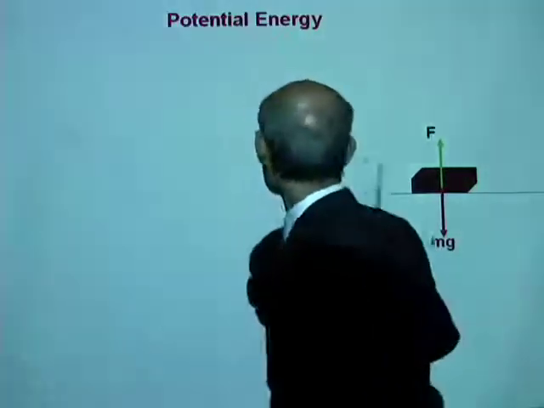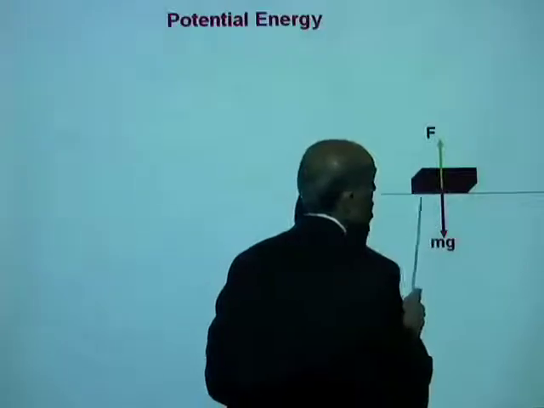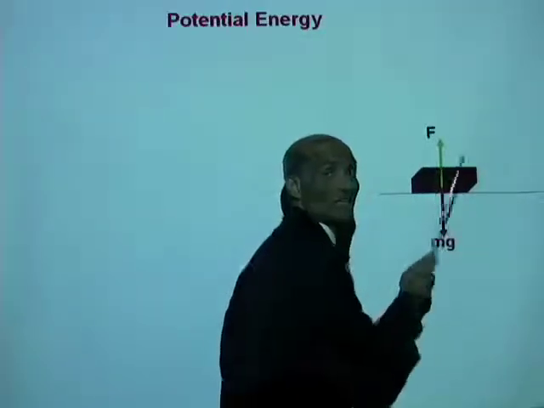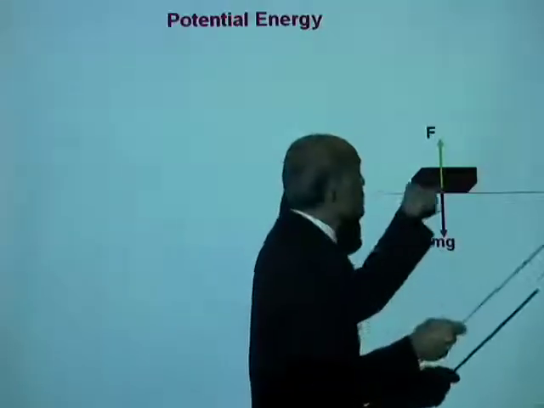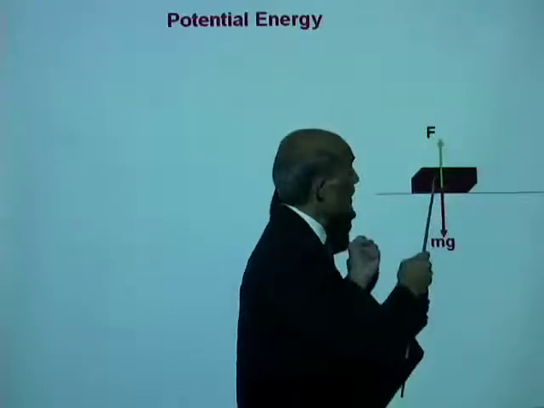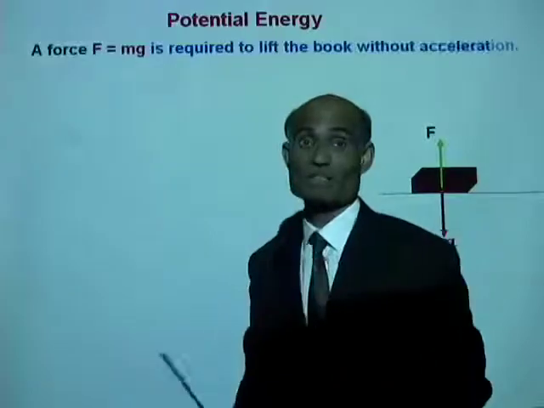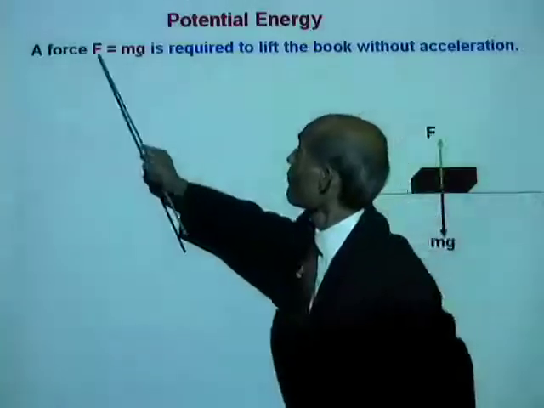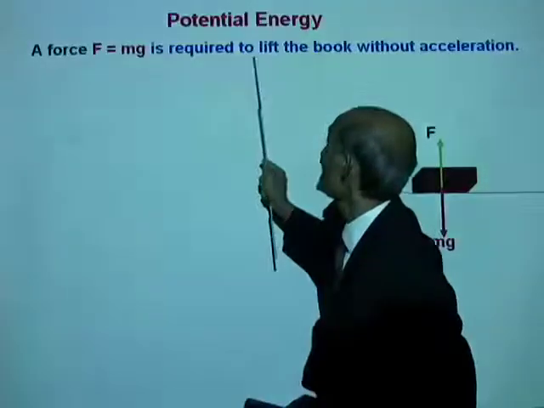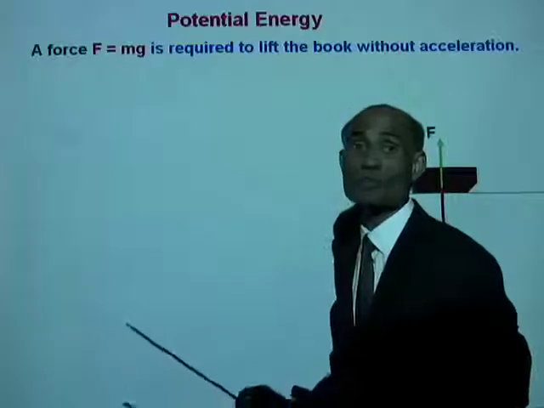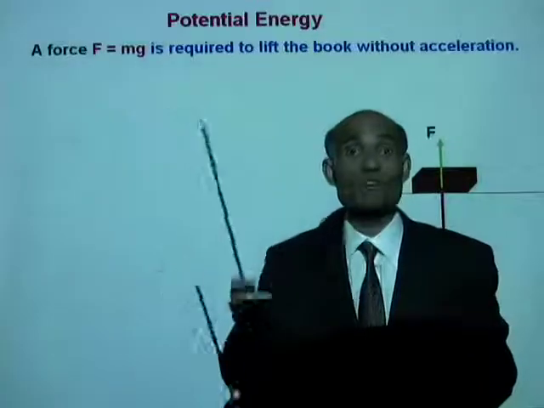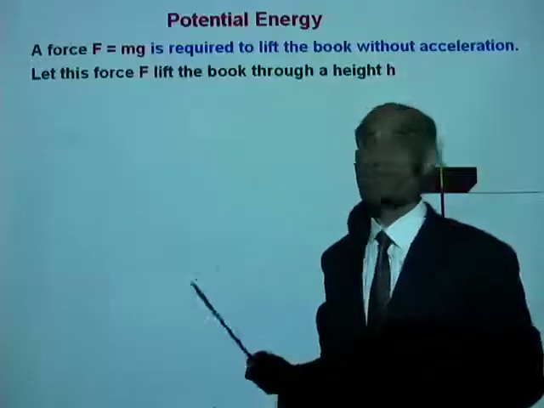We now know that for an object of mass m, in order to lift that object, you have to apply a force F equal to mg on that object. So force F equal to mg is required to lift the book without causing an acceleration.